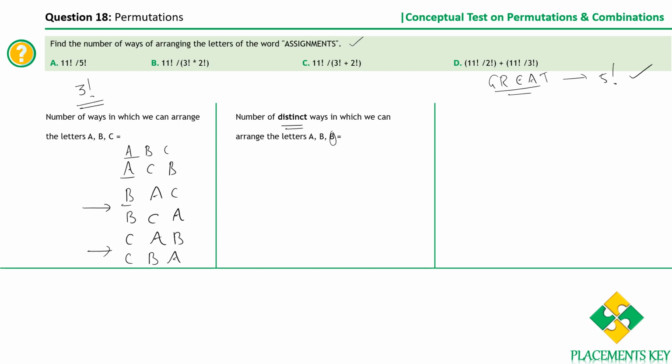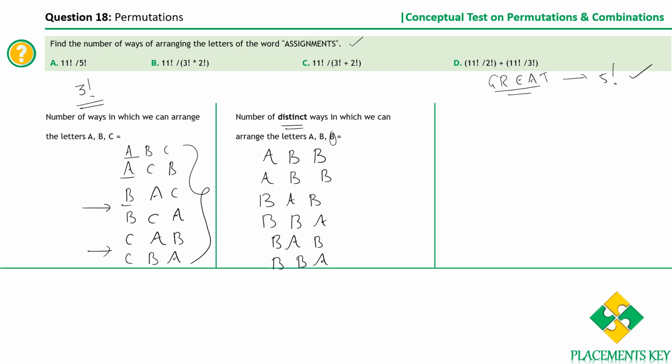Let me write it here. From these combinations, let me replace C with B. A, B, instead of C I'm writing B: ABB. Similarly, A, C, B becomes ABB. B, A, C becomes BAB. Then B, C, A becomes BBA. CAB becomes BAB, and CBA becomes BBA.